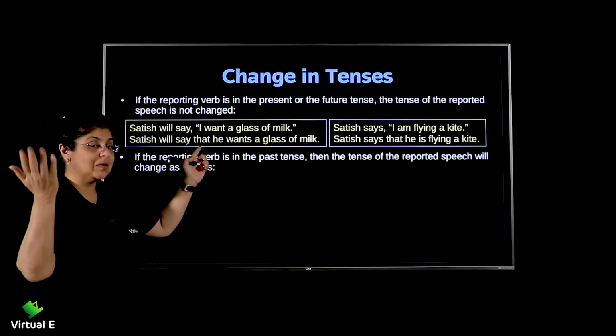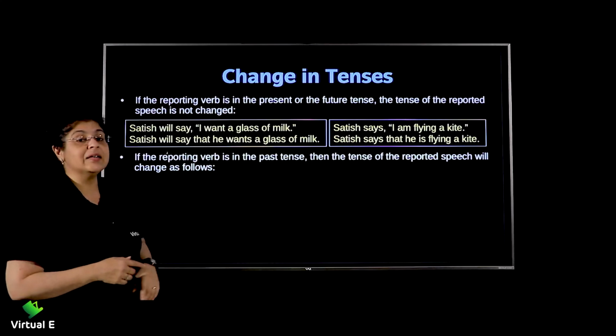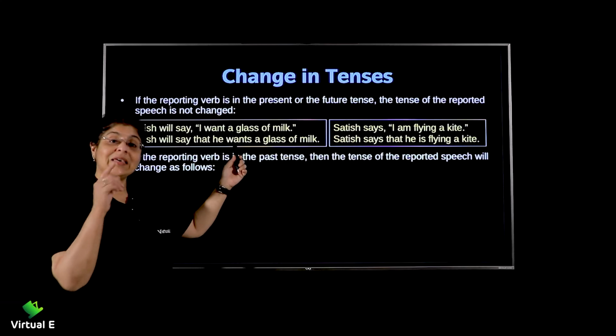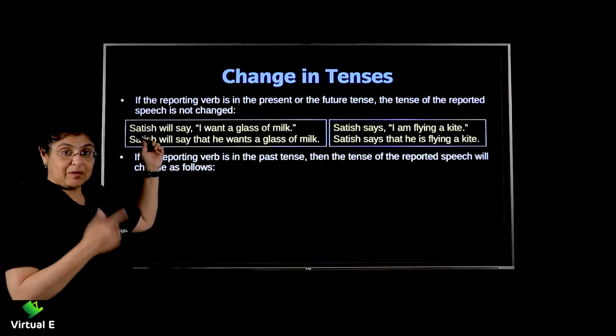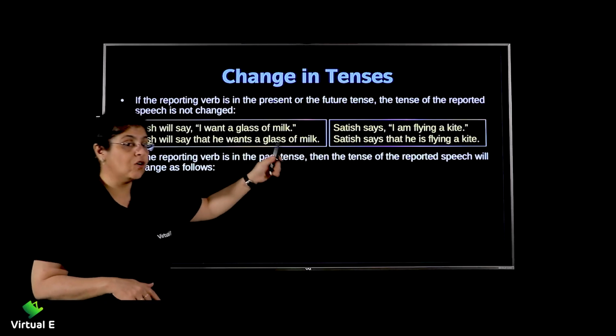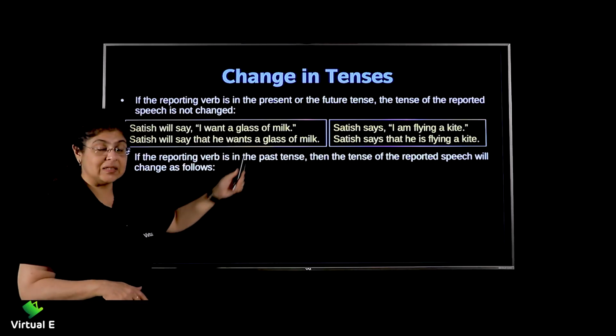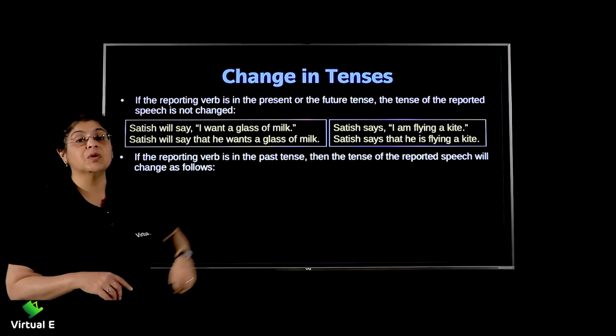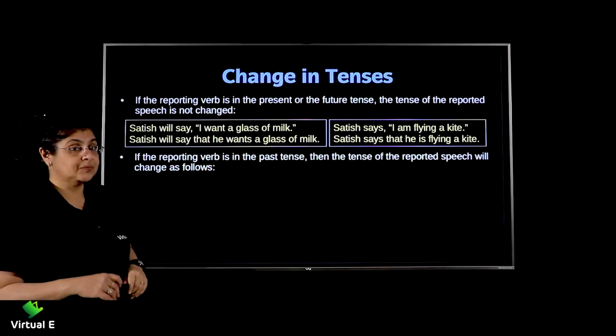If or whether will come later, I shall explain. Currently, we will use that. So, Satish will say that he, I will change to he because it is Satish, wants a glass of milk. Present, present. Both remain in the same form. The tense of the reported speech does not change.